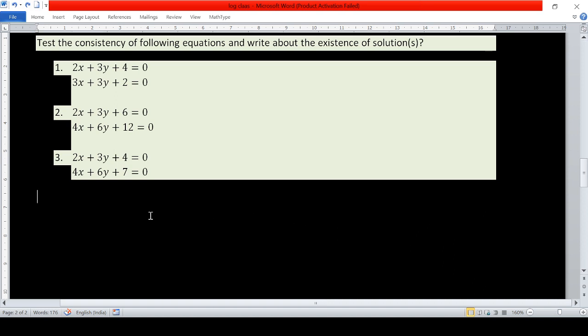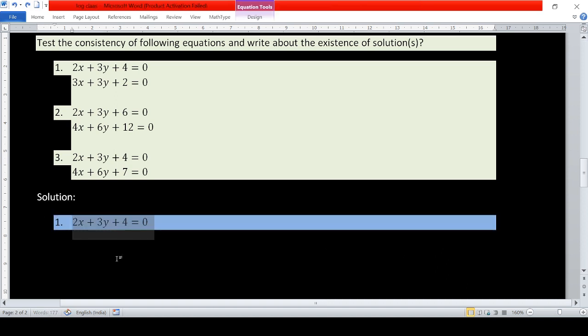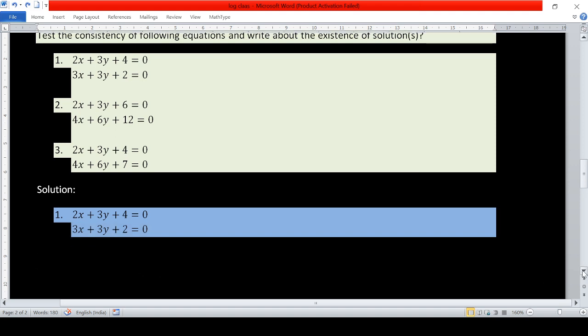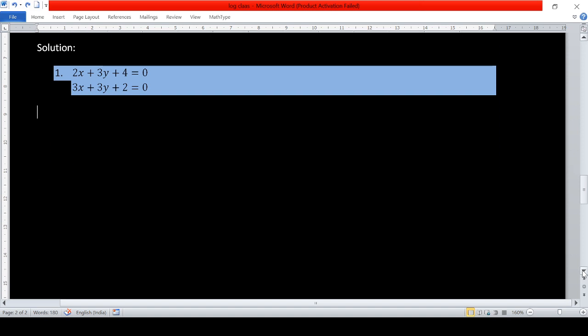First case, first system, 2x + 3y + 4 = 0 and 3x + 3y + 2 = 0, is taken to test the consistency and the existence of solutions.